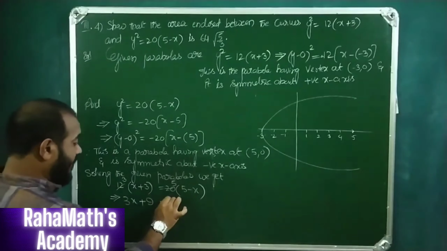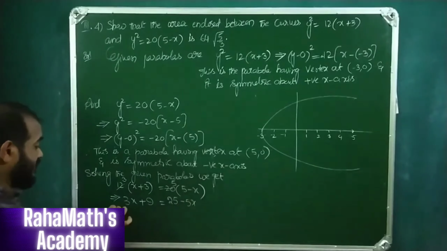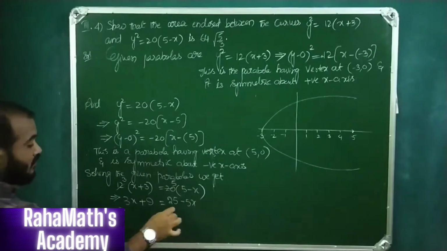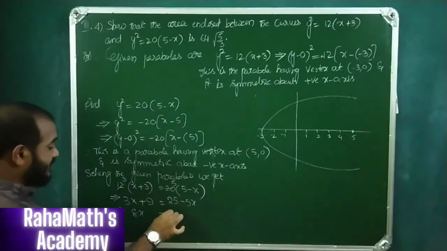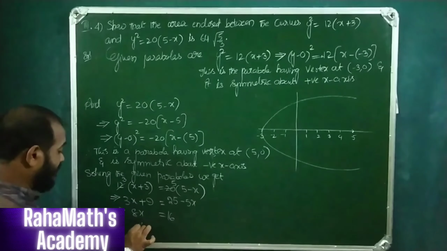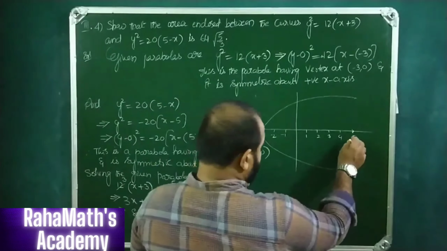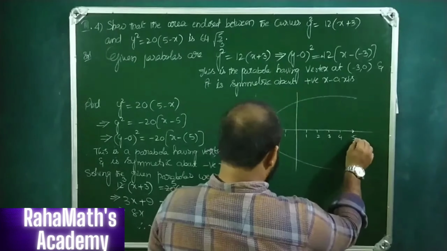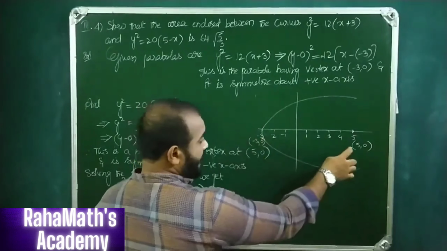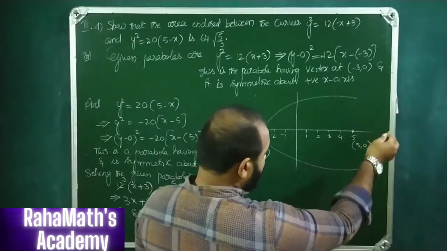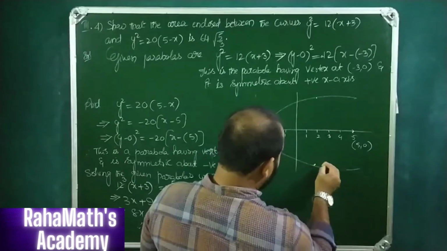Next, 5 5s are 25 minus 5x. This gives 3x plus 5x, 8x equals 25 minus 9, 16. Therefore x equals 2. Therefore, having vertex at 5 comma 0, this is minus 3 comma 0. Having vertex at 5 comma 0, these two are intersecting at x equals 2.